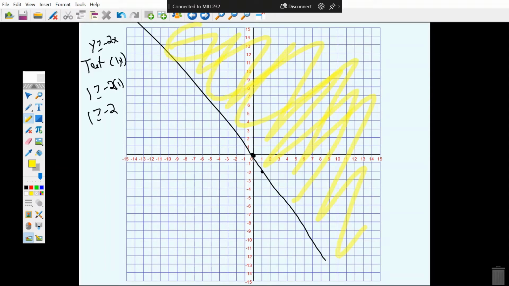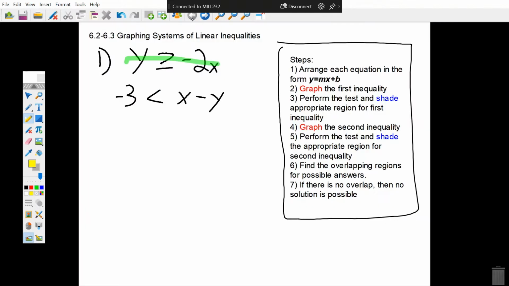So we finished step 1. Now we go back. Now we're graphing the second inequality. The second inequality is negative 3 is less than x minus y. I want to get into the form y equals mx plus b first, so I'm going to add y to both sides.